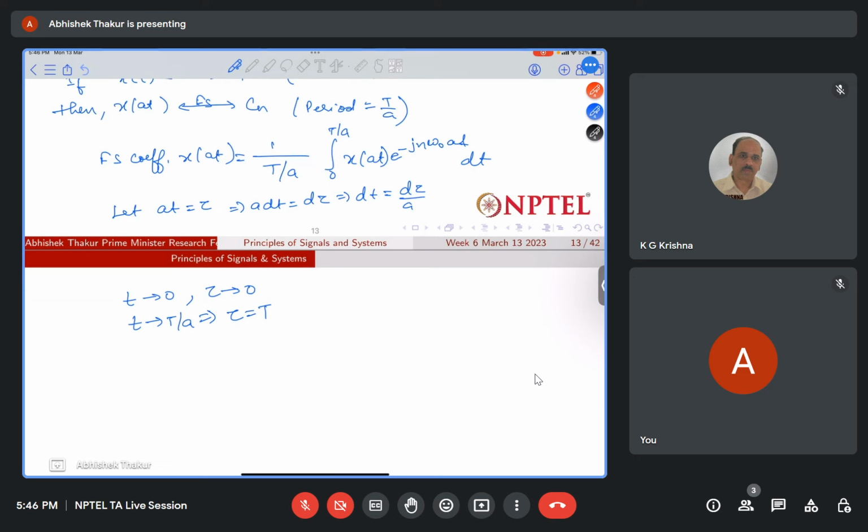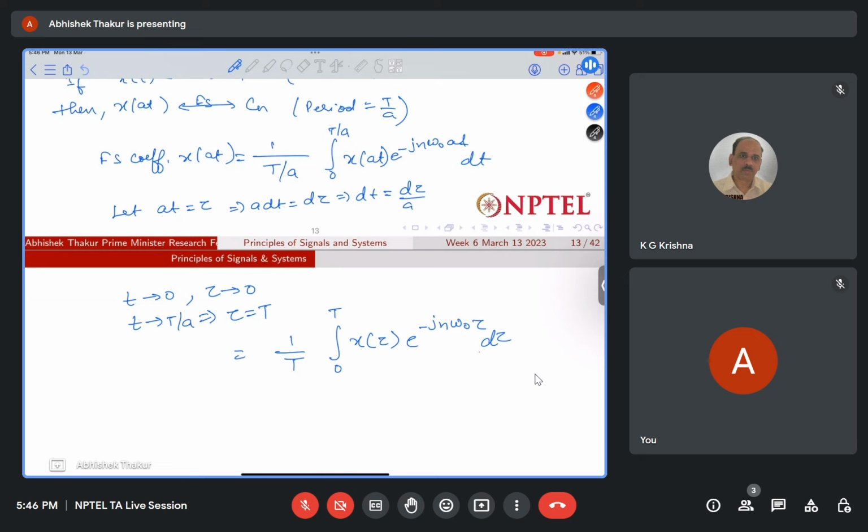So this will become now 1 by T from 0 to T, x of tau e to the power of minus j n omega naught tau d tau, because here dt is equal to d tau by a.